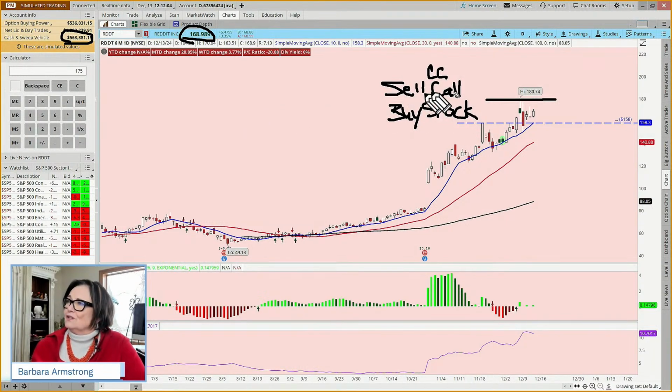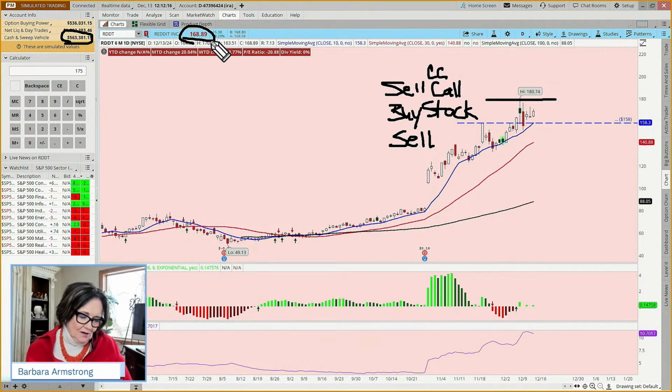So we could afford to not only buy 100 shares, but also sell a put here, maybe around that 158 line, and say, hey, it's trading at 168 right now, but if it came down a little bit, I'd be willing to buy another 100 shares. Because when I sell a put, what am I agreeing to do? I'm agreeing to buy additional shares at that strike.